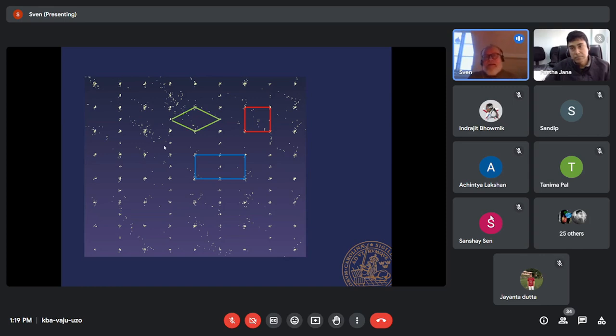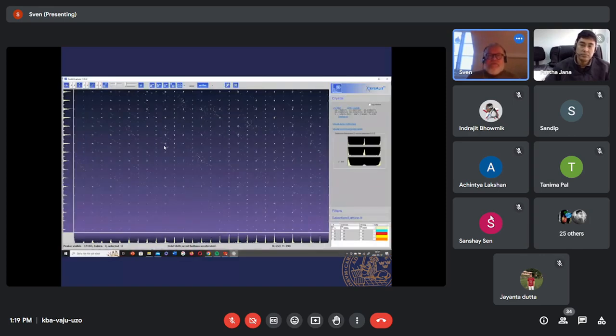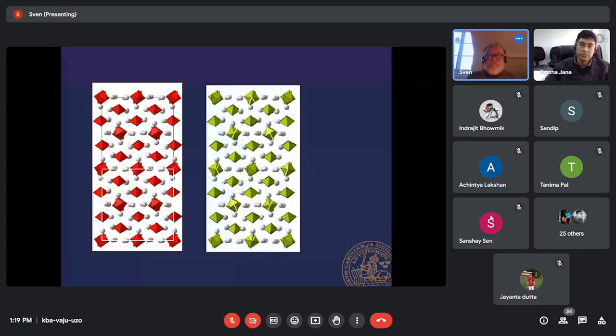And by indexing this as a twin, so that there are 2 different unit cells, it's possible to solve this. And we come up with the 2 possible crystal structures on the left and right here. One of them has an orthorhombic cell, shown in white to the left, and a monoclinic cell shown to the right.